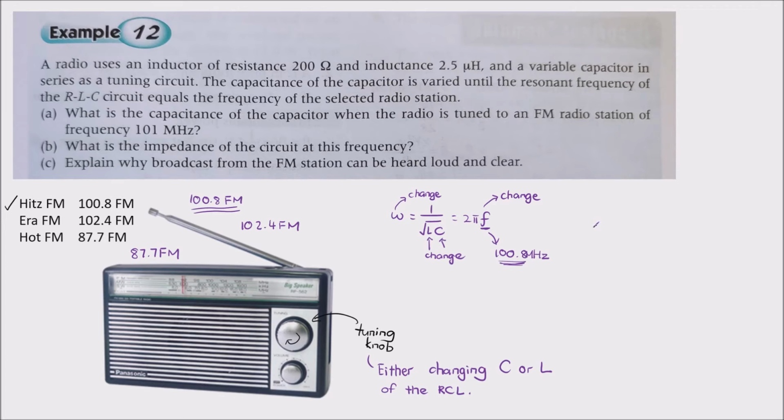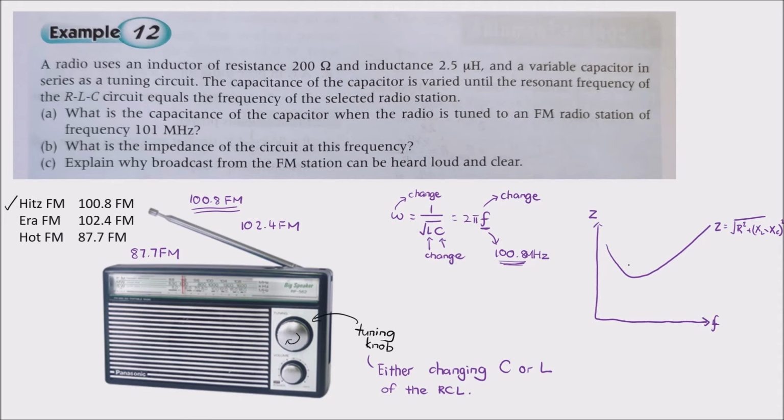What happens is, if you draw a graph of frequency against Z, then of course you will see a curve similar to what I drew just now, something like this. This is the graph of Z, which is equivalent to the square root of R squared plus (XL minus XC) squared.